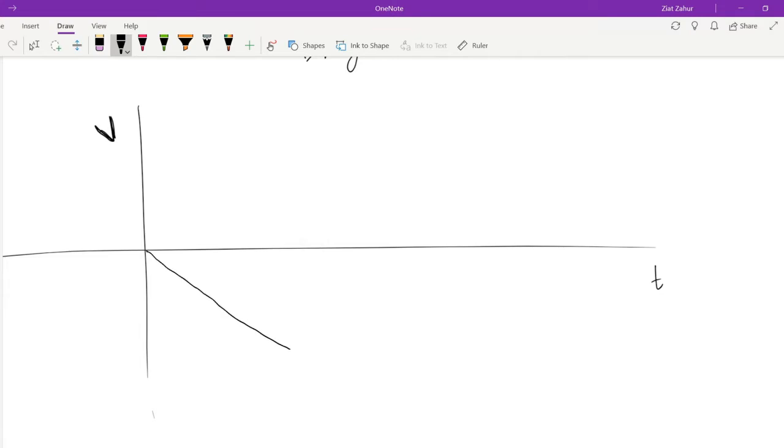So it goes downwards first, and then there's a spike. What is this thing? What is this spike indicating? What is happening? Chat, what is happening? A big force just acted on it.